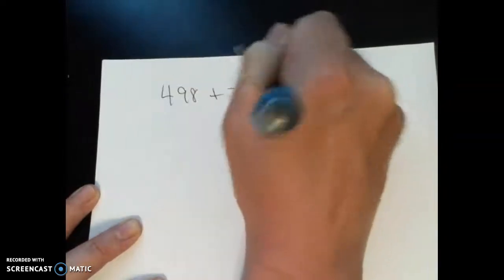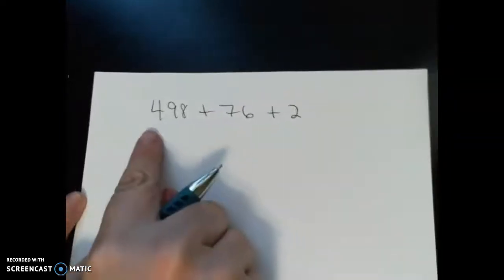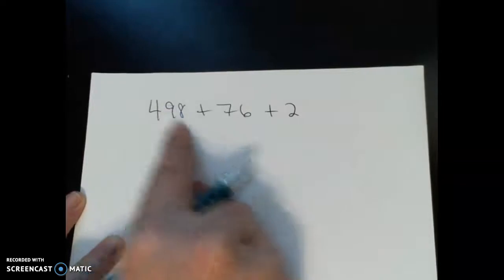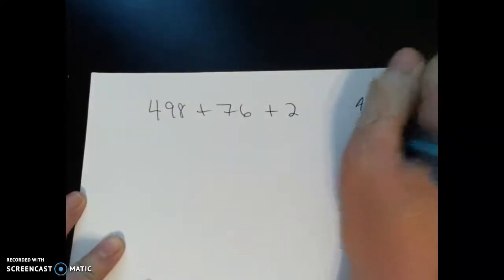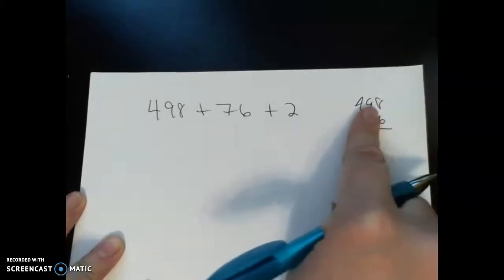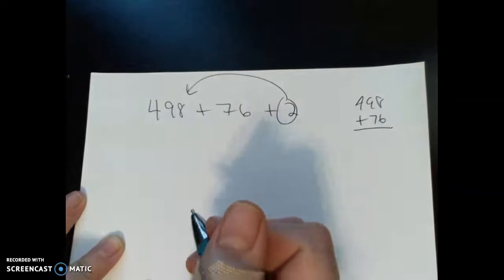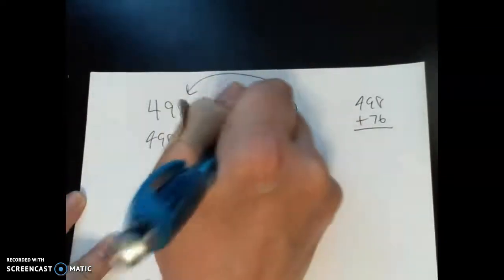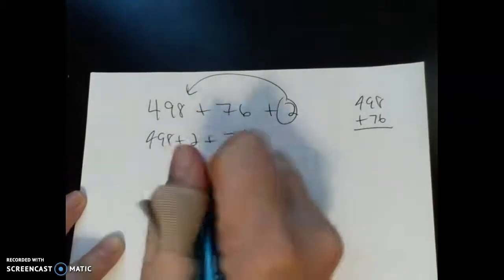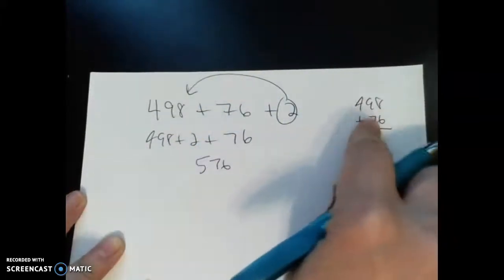So if I give you like 498 plus 76 plus 2, according to order of operations, you're supposed to go left to right, get an answer and then add 2. So a lot of times kids will just be like, okay, I'm going to add those. But again, do you see how if I move this 2 over there, if I move it and I make it this, it's so much easier because I get 576. I don't even have to do any grouping.